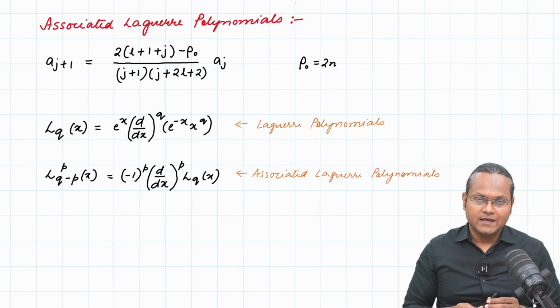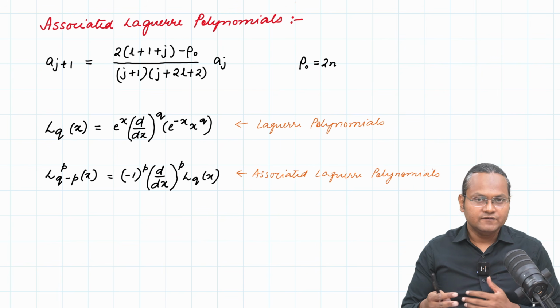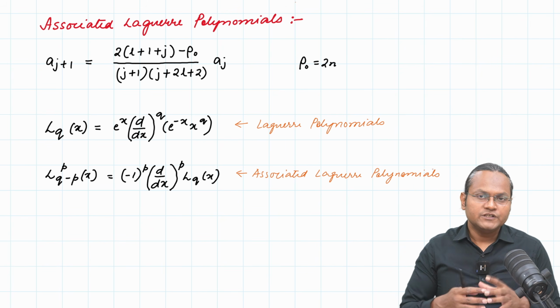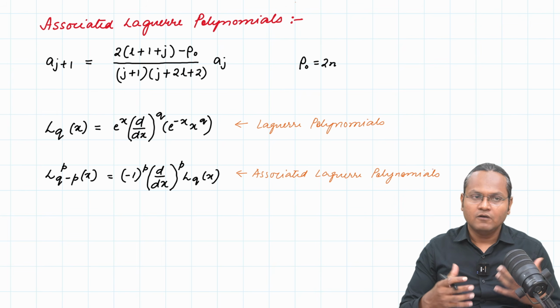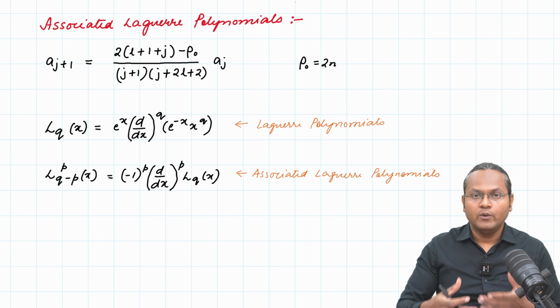So in physics and mathematics, the power series in which the consecutive terms are related by this kind of recursion formula corresponds to a class of functions which can be represented by what is known as associated Laguerre polynomials.